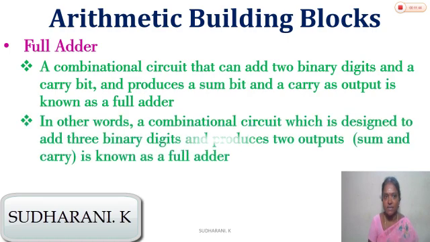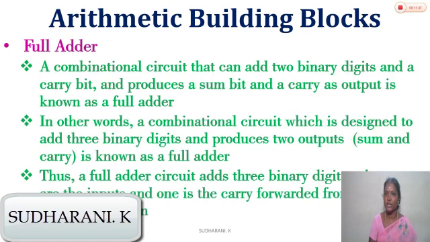Or in other words, a combinational circuit that can add 2 binary digits and a carry bit and produces a sum bit and a carry as output is known as a full adder. In other words, a combinational circuit which is designed to add 3 binary digits and produces 2 outputs, say sum and a carry, is known as a full adder.